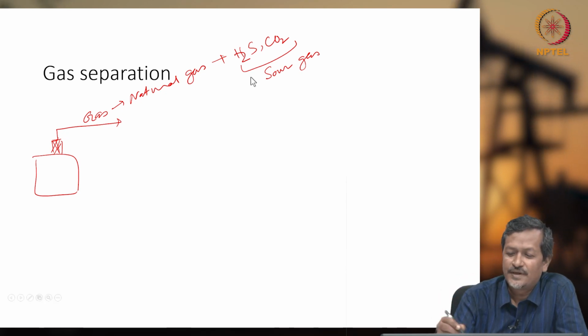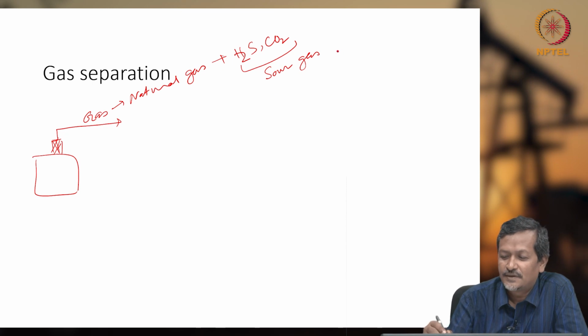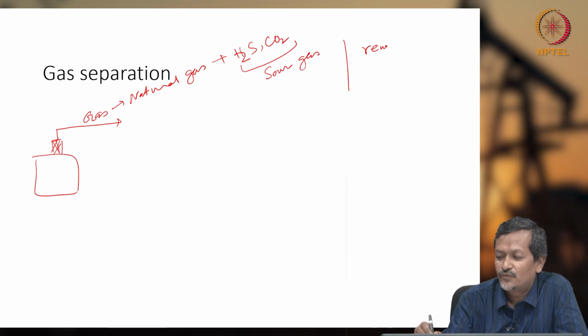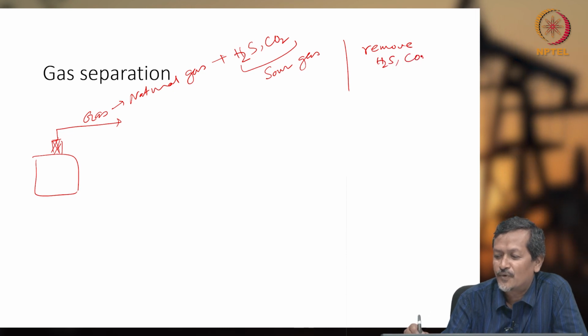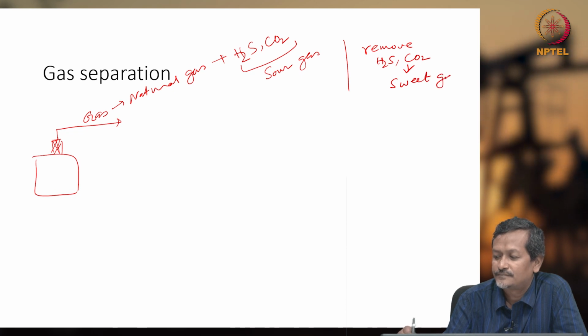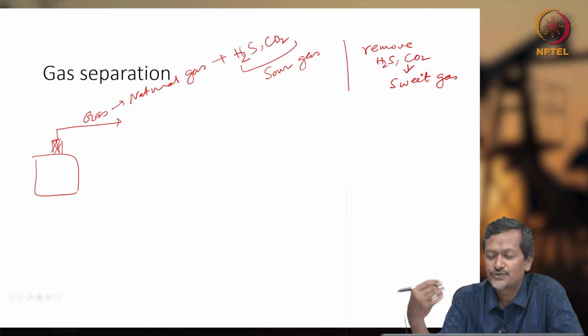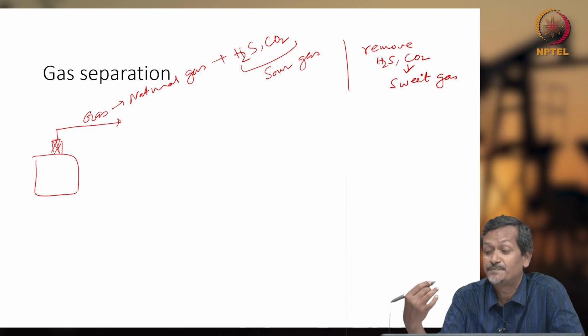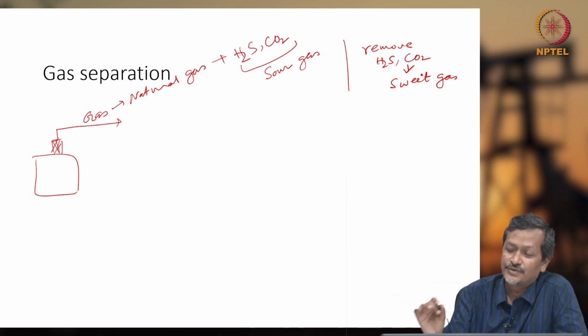If it is not there, that means sweet gas. Remove H2S or sulfur or carbon dioxide, then it will be sweet gas. It does not mean it is sugar; it is sweet because sour is not there, which is bitter.